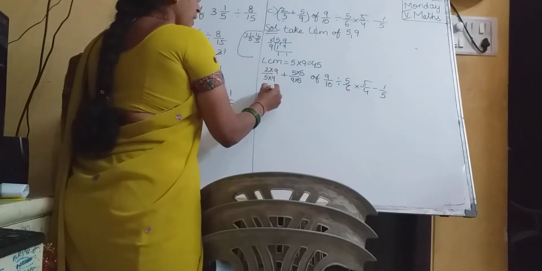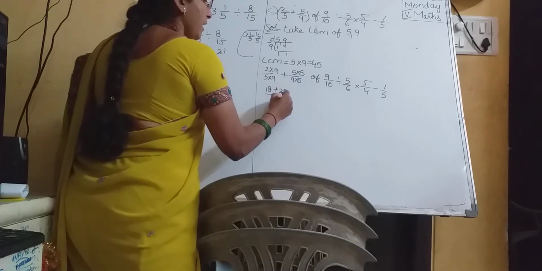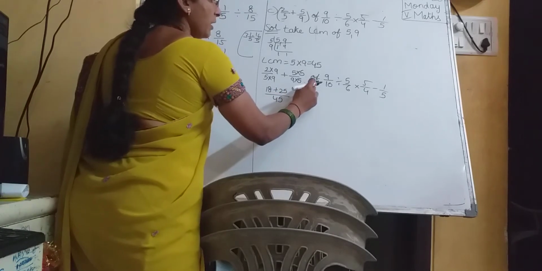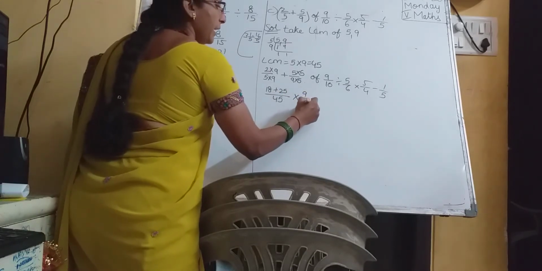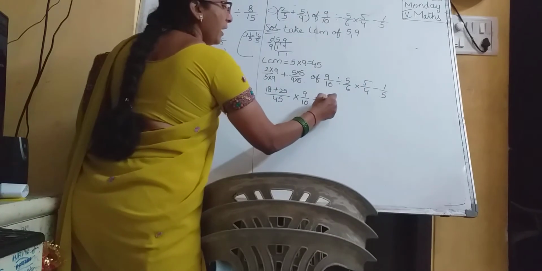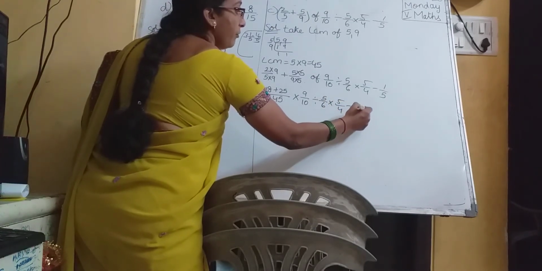Okay, 9 twos are 18 plus 25 by 45. Of means into. Just now I said, of means into. Into 9/10 divided by 5/6 into 5/4 minus 1/5, children.